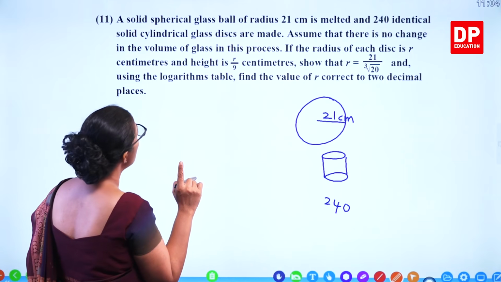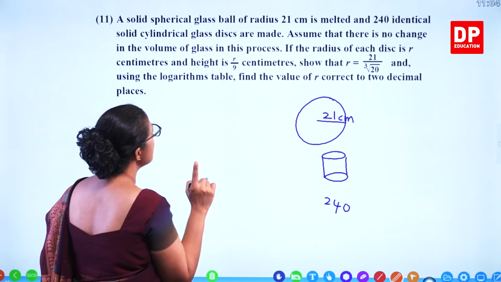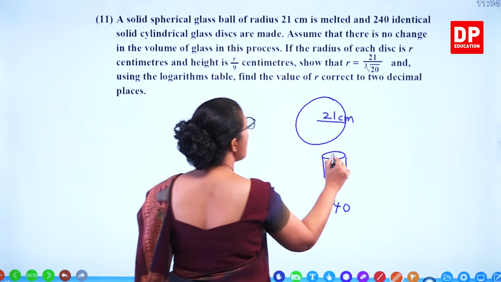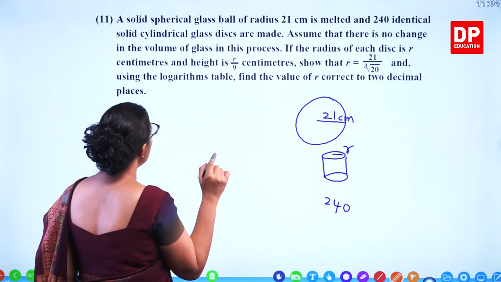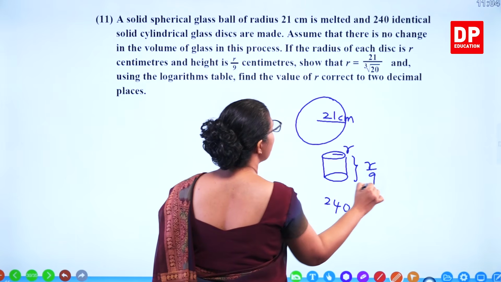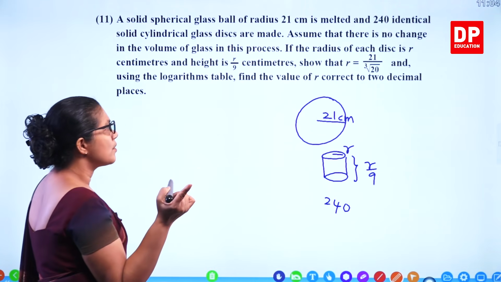Assume that there is no change in the volume of glass in this process. If the radius of each disc is r centimeters and height is r over 9, show that r equals this.